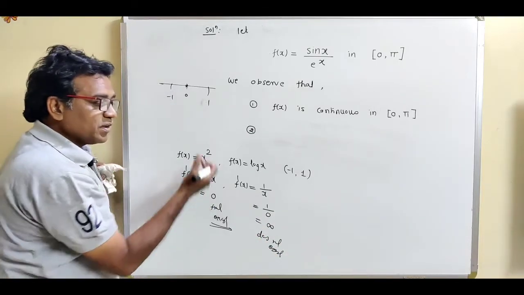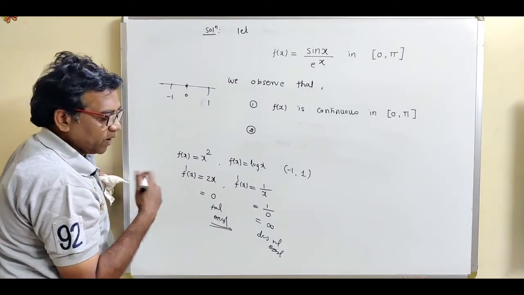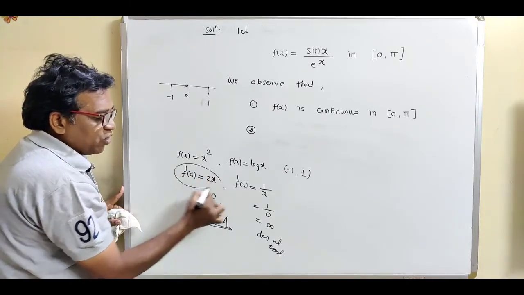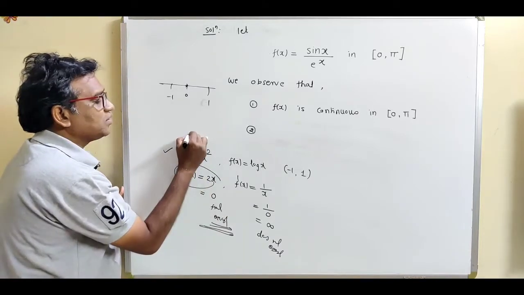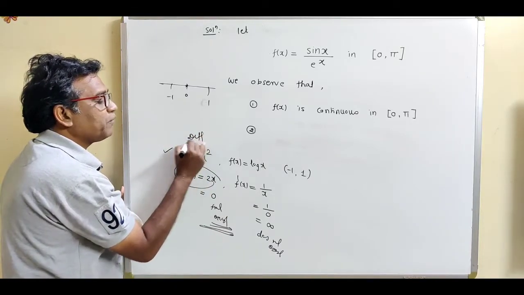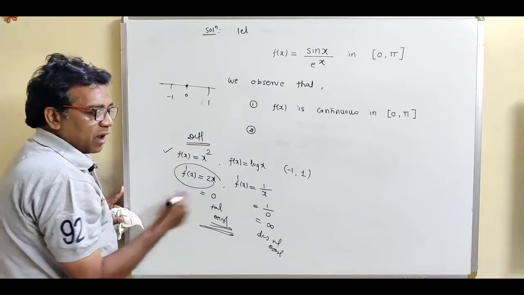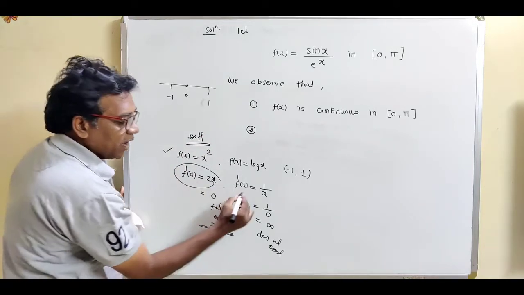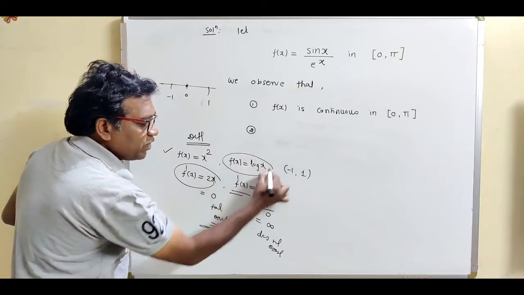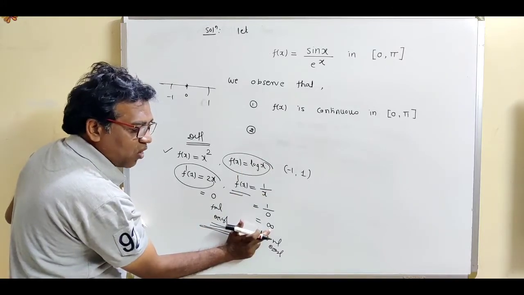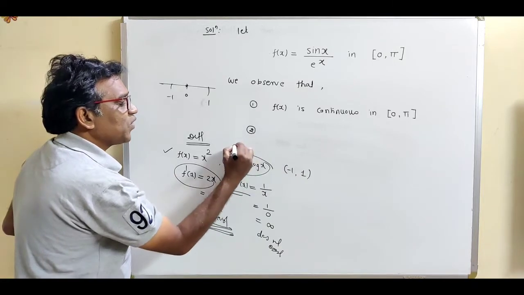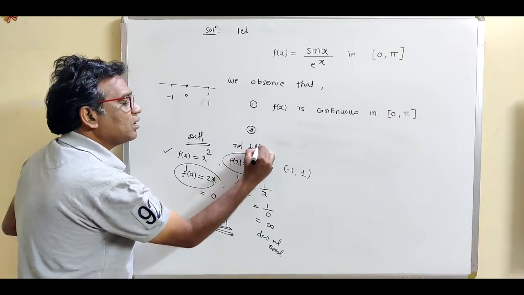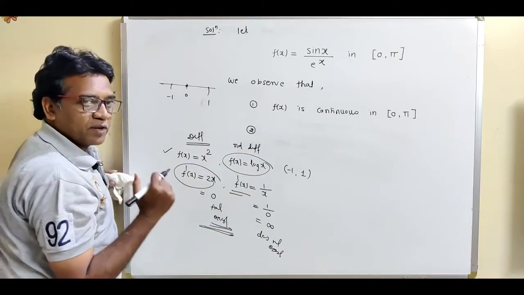See what is this concept of differentiability? If the derivative of the given function exists, then the function is said to be a differentiable function. And what is the second concept? If the derivative of the given function does not exist in the open interval, then we can say that this function is not differentiable in the open interval.